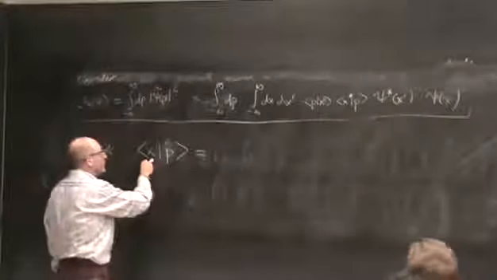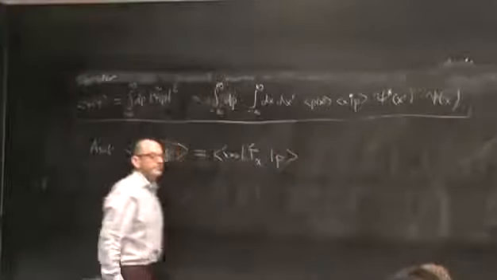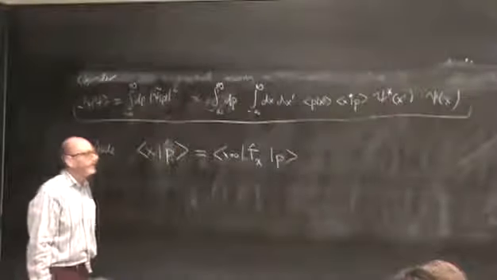According to what we just expressed before, this is translating from x equals 0 by some amount x, and this is p. It's another way of writing it.